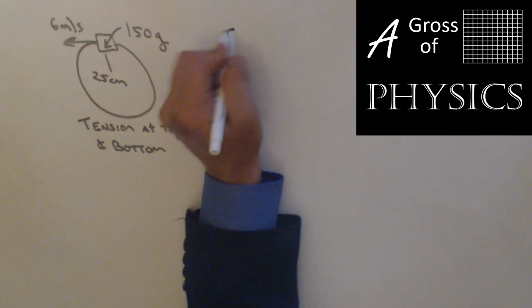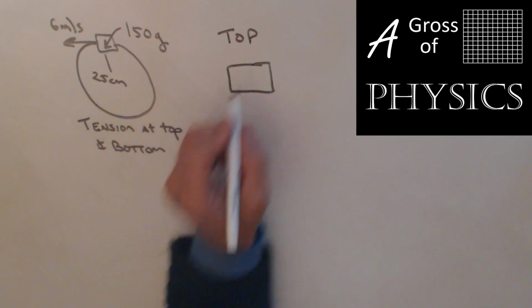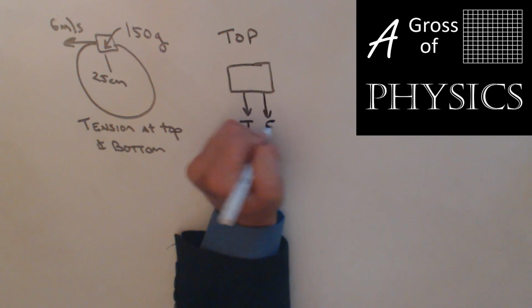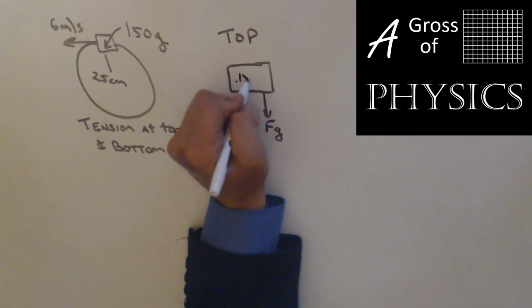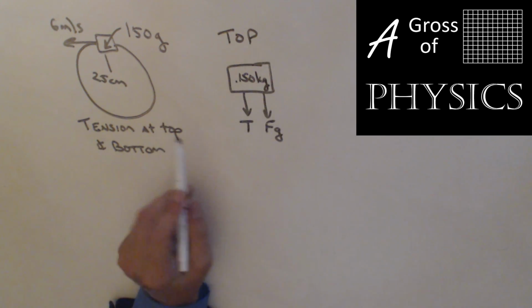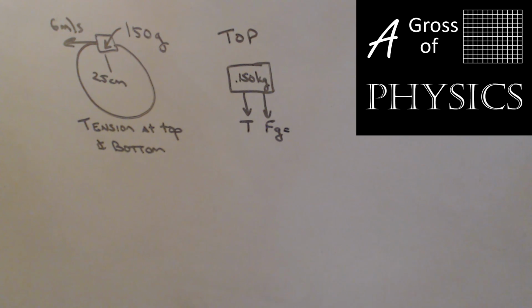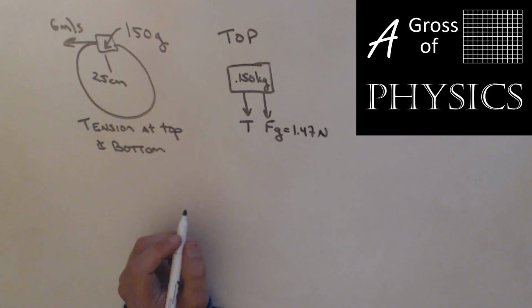Now, at the top, as the whistle is spinning, the rope is being pulled down and gravity is downward. The mass in the box is 0.150 kilograms. If I put 150 in, that's a pretty heavy whistle. But we have 0.150 kilograms. That means the force of gravity, 0.15 times 9.8, I have 1.47 newtons.